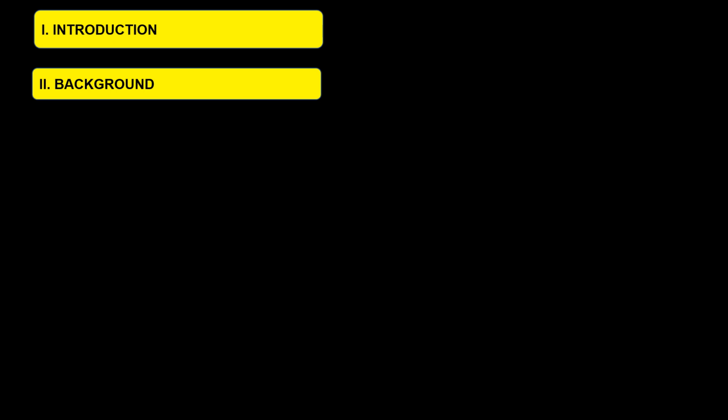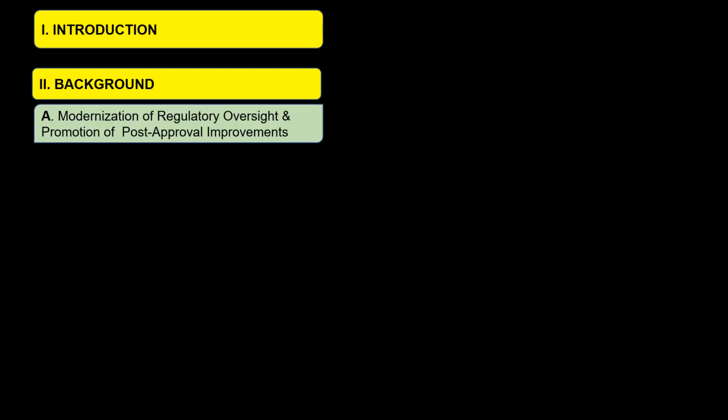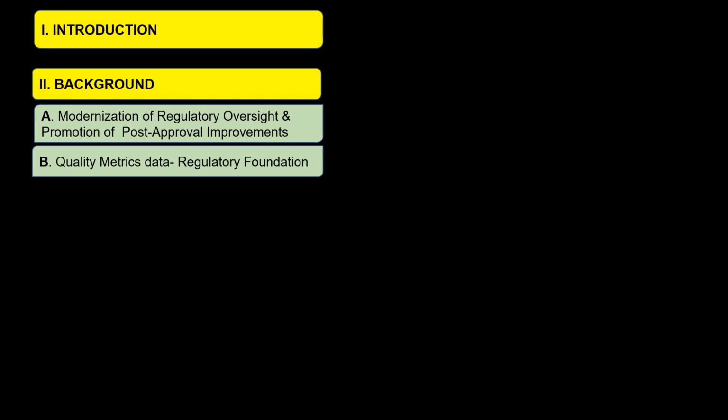If we look into the content of this guidance, it includes the introduction and the background. The background provides details on modernization of regulatory oversight and promotion of post-approval improvements, and the quality metrics data regulatory foundation.